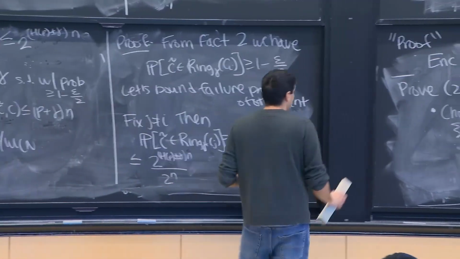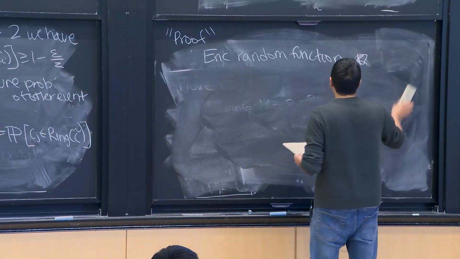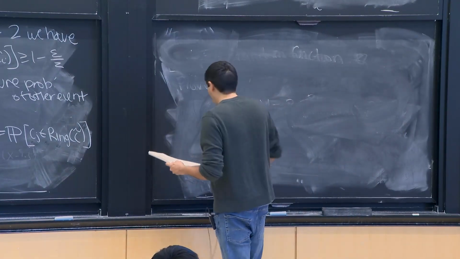Because we don't care about this just for one particular j. We care about it for all j not equal to i. Right?